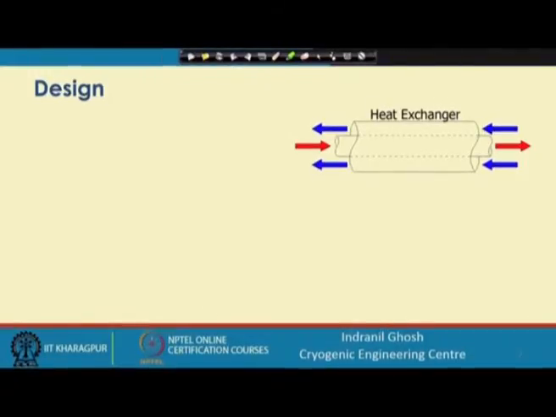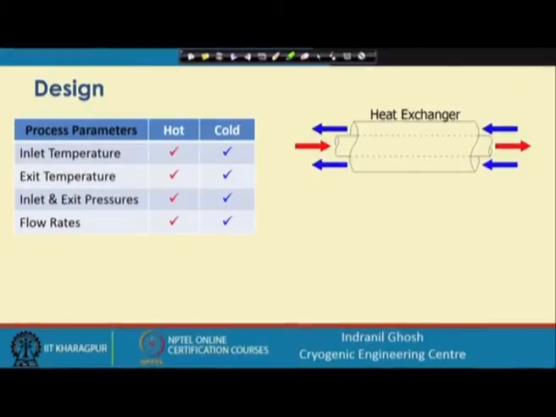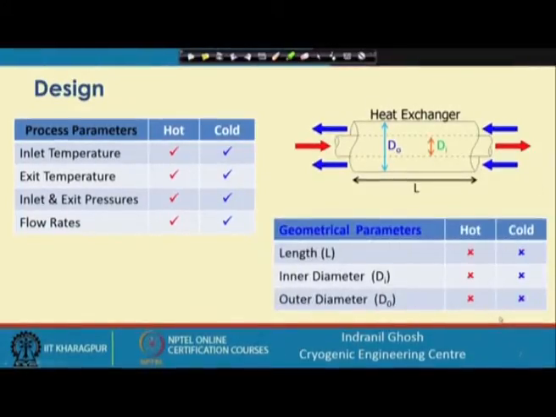Here, in this heat exchanger, we know the fluid streams, the process parameters: the inlet temperature, the exit temperature, the exit and inlet pressure, the flow rates. All these process parameters are known to us, and what we want to find out is the geometrical parameters like the length, and the inner and outer diameter of the tubes.